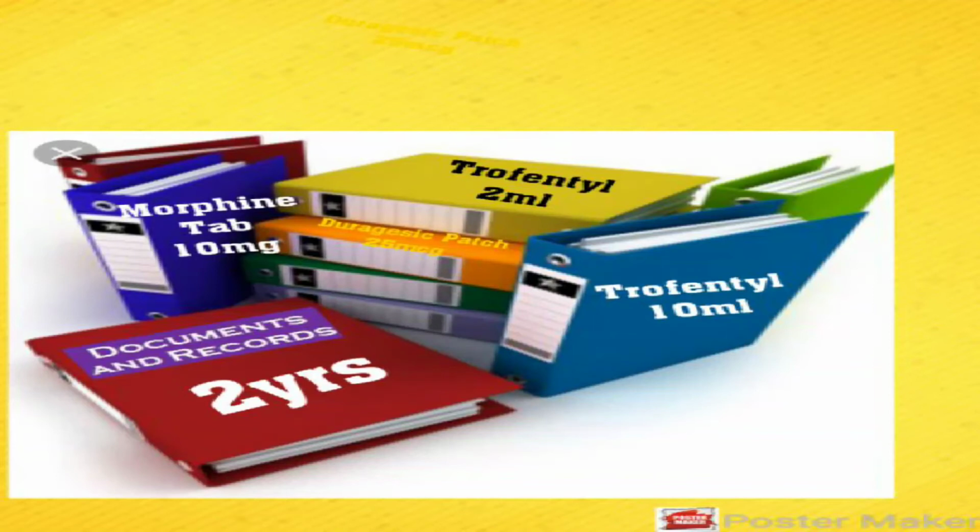We receive narcotic and psychotropic substances by checking the name of the drug, quantity, strength, batch number, expiry, and after GRN, we store the same as per storage conditions. Then we enter the same manually in narcotic registers. We have narcotic registers as per the name of the drug and their strengths.